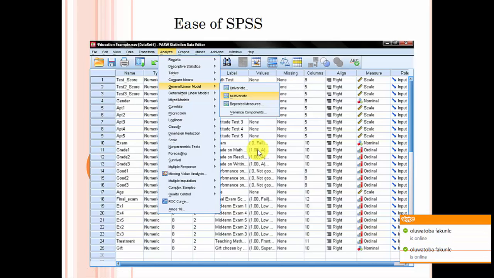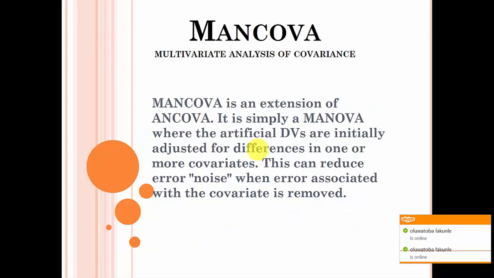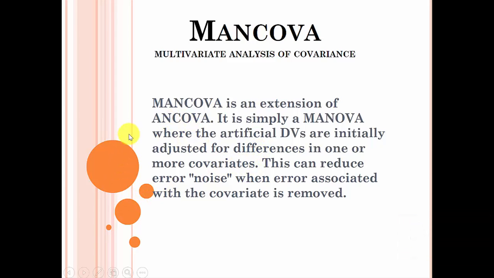And so I'm moving also to MANCOVA now in my slide 12. The difference between MANCOVA and MANOVA is that there is a C in MANCOVA, and C stands for covariance.